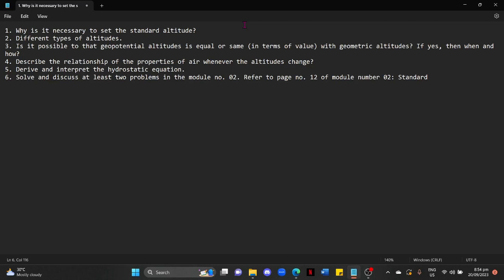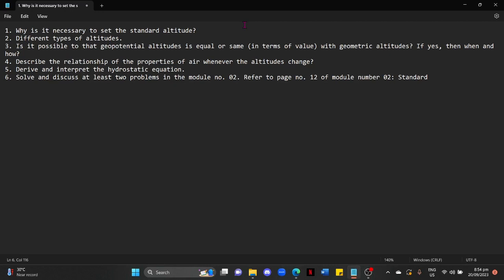So for us to have a common ground in identifying the aircraft performance, standard atmosphere and standard altitude are created so that we could have a common reference and we can compare whether the performance of the aircraft at standard sea level is greater or good compared to the altitude above the sea level.